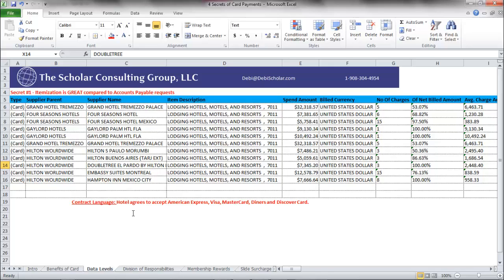It is great when to use a card product to pay for products or services because of the information, the detail that we can get in the card reports. We can get, of course, the supplier name, the descriptions, the spend amount, of course, the currencies.